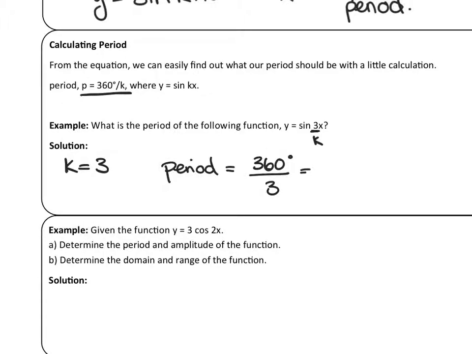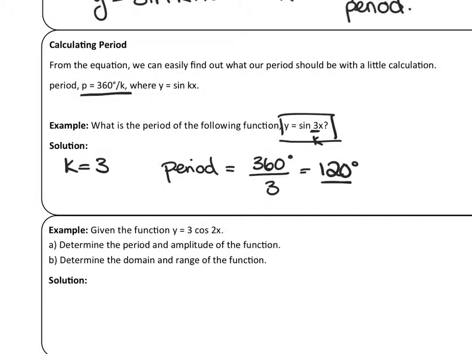So in this case, our period is 120. Now, if you graphed this equation into Desmos, you would see that it starts at 0 and comes back to the beginning at 120, and it does another cycle after another 120 to 240 and does another one. So it actually has 3 cycles within 360 degrees.